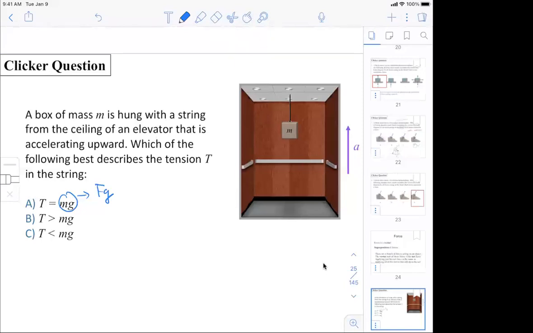Okay, let's close the vote and take a look. We have a majority answering A or B, and B is the majority: tension and the force of gravity.